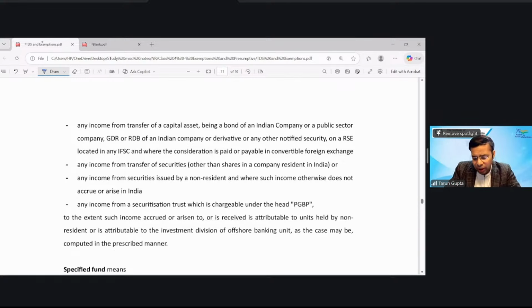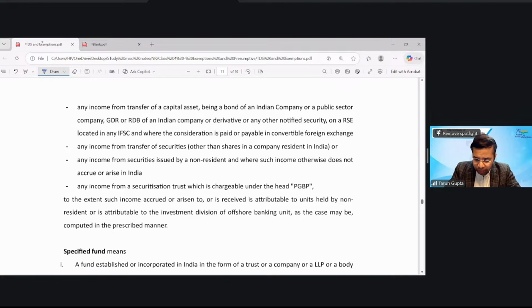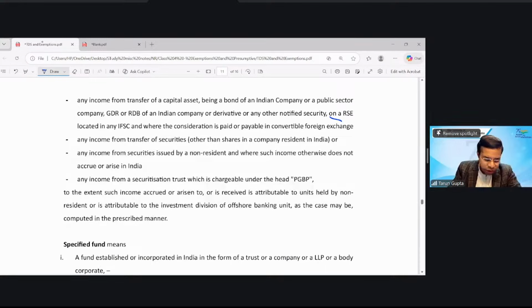Being a bond of an Indian company or a public sector company, GDR, rupee denominated bond (RDB) of an Indian company, or derivative or any other notified security on a recognized stock exchange located in IFSC. So there is a recognized stock exchange in IFSC where the shares are traded in foreign currency, and the consideration is paid or payable in convertible foreign exchange.